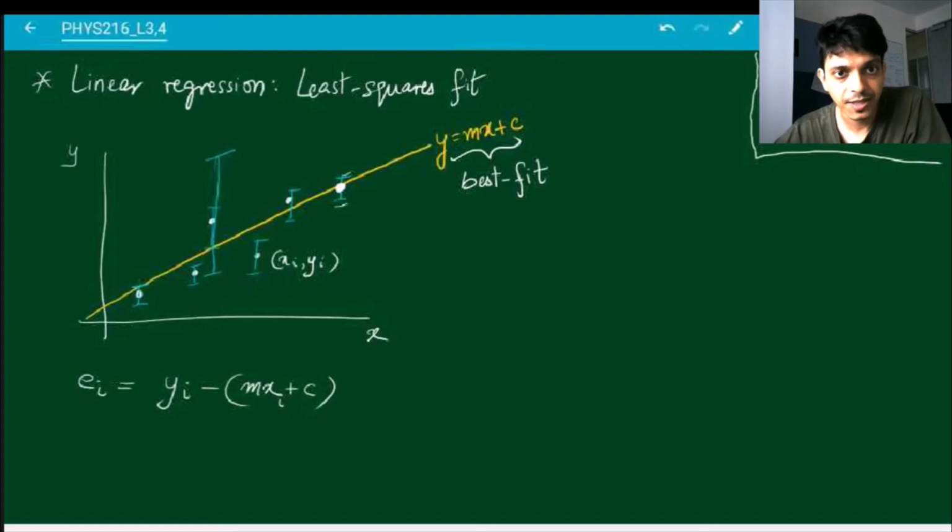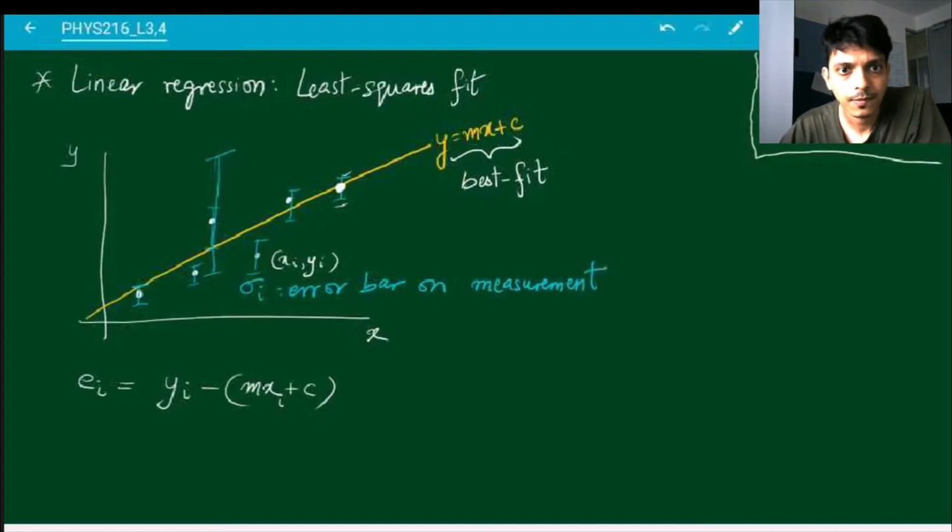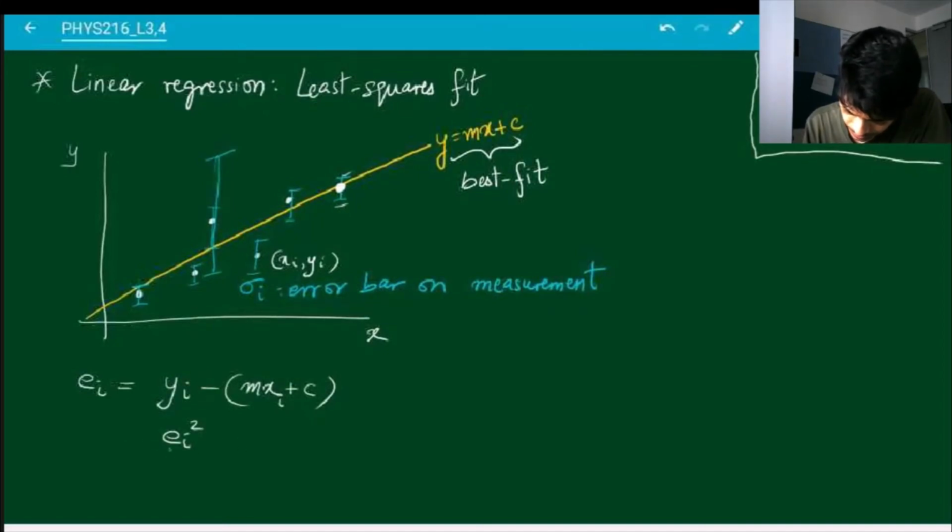In finding the best fit, you want to give less weightage to the points which have large error bars, and more weightage to the points which have a small error bar. So if the error bars on each one are given by sigma i, then for each of these points we construct the quantity ei square divided by sigma i square, and then we add them up.